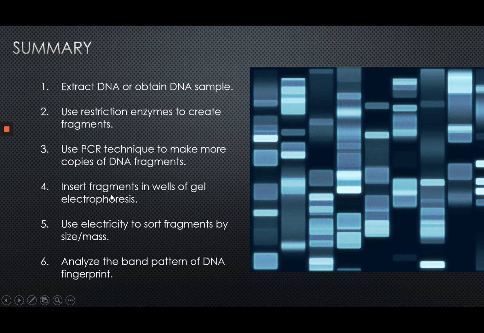And then by inserting those fragments into the wells of a gel electrophoresis, we can turn it on by running some electricity so that it will sort those fragments by size and mass. Once that is sorted, we basically get a pattern of DNA that you can use to compare. And that's pretty much it for DNA fingerprinting.